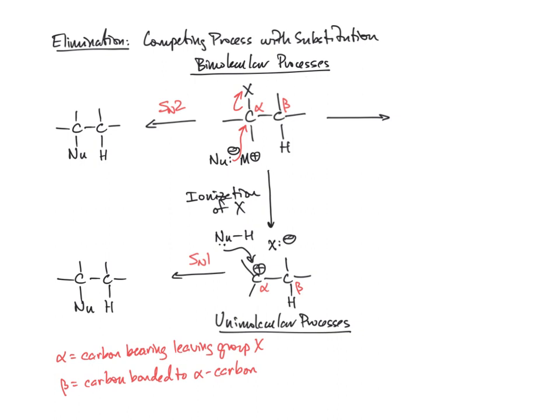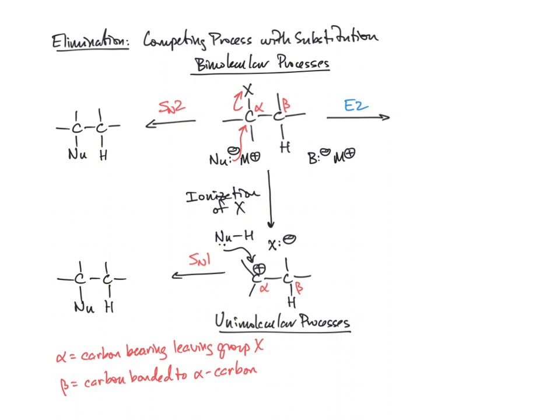So what I'm going to write for this is just, so here I'll write E2. So that stands for bimolecular elimination. And in this case, I'm going to put instead of nucleophile, I'm just going to put base minus, then metal cation plus. So I'm just doing that to sort of differentiate nucleophile from base.